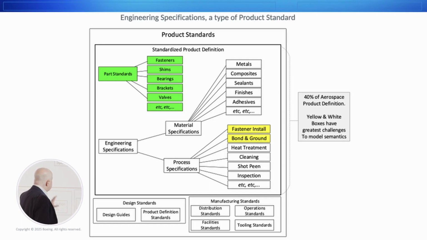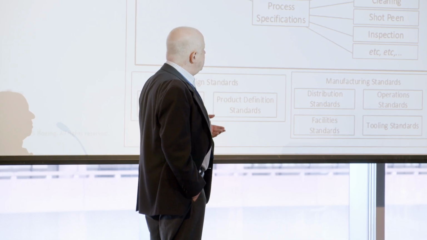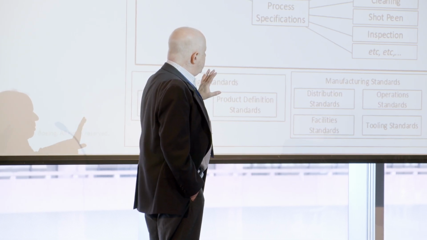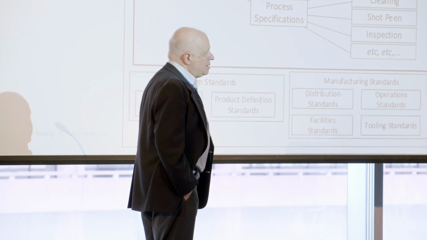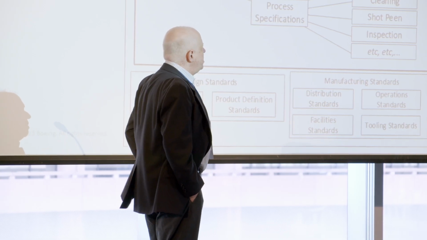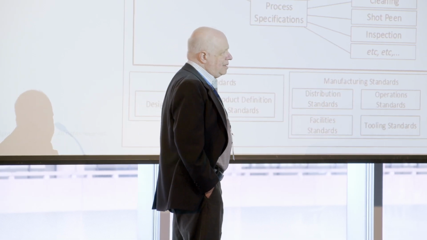Then there's process specifications that have to do with manufacturing processes that are used to fabricate parts or build assemblies. There's a whole host of those, fastener installation, electrical bonding ground, heat-treated materials.